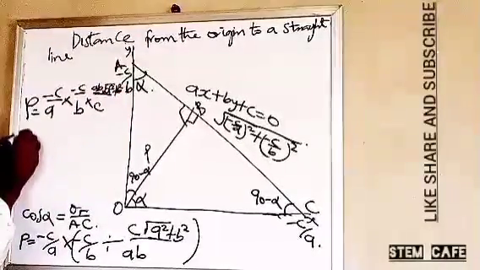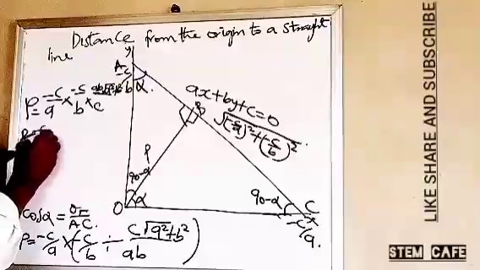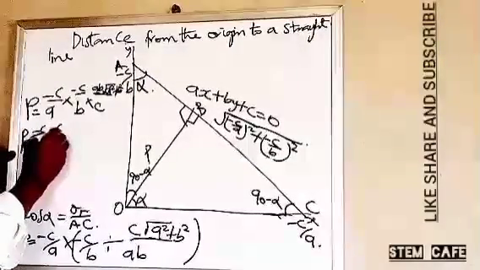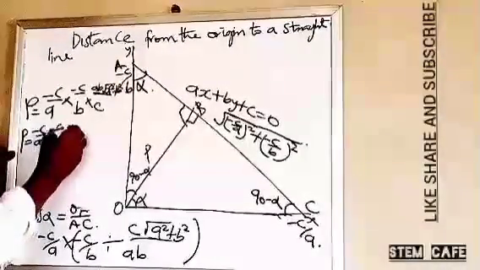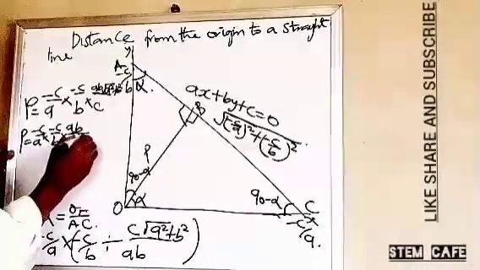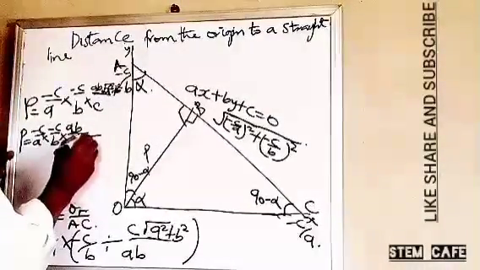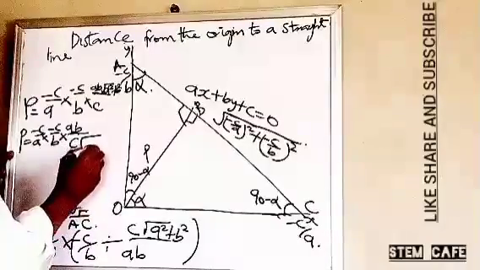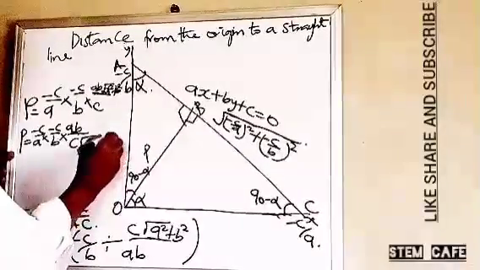Let me make it brighter. P equals minus C over A times minus C over B times AB over C roots, sorry, this one should be roots A squared plus B squared.